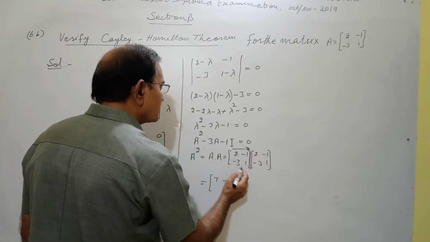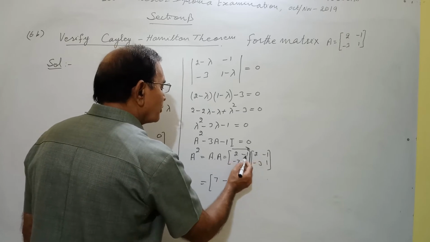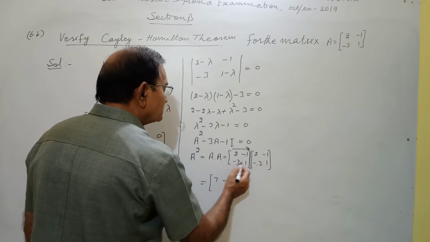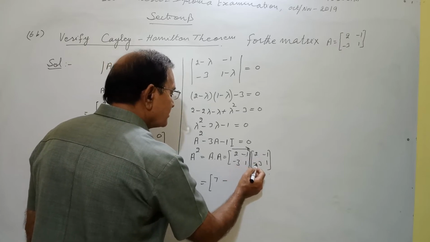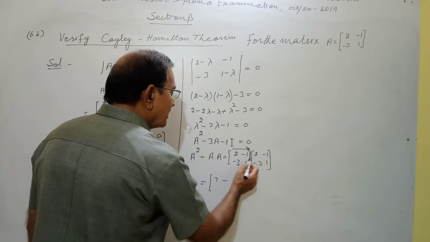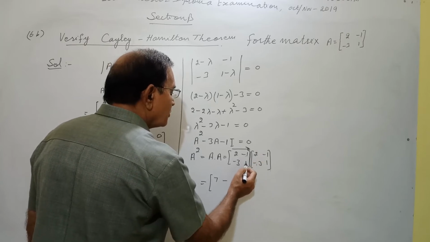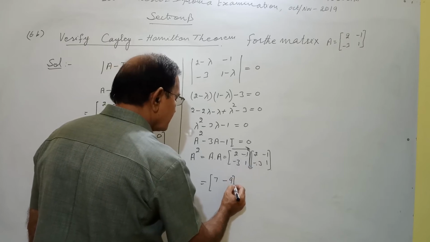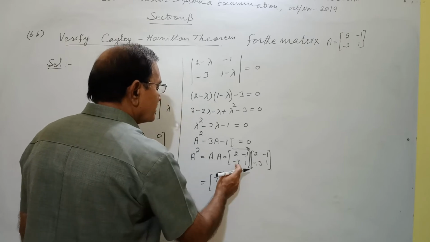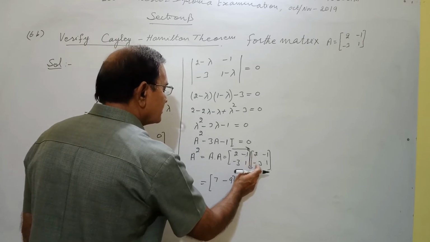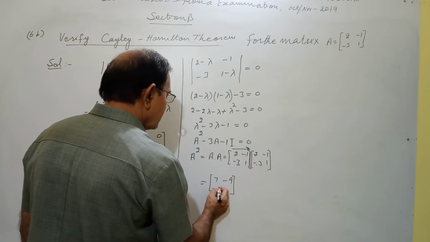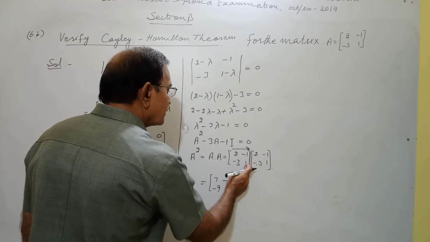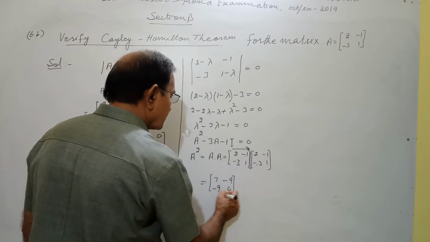See once again, we will get 4 plus 3, 7, then minus 6 with minus 3, and 2 and minus 3, minus 9, then minus 6 minus 3, minus 9 plus 3 plus 1, 4.